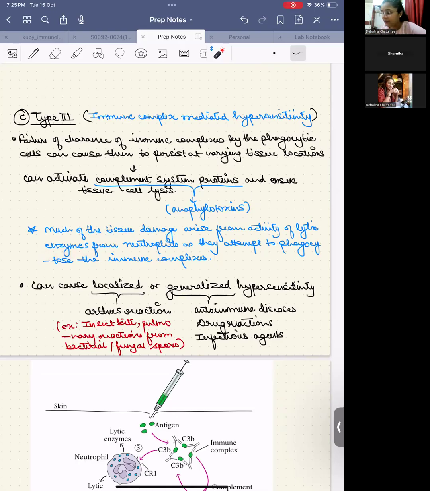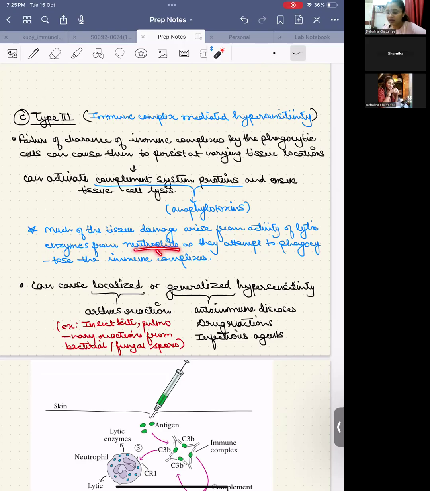Now, interestingly, we do have the toxins that are mediating all the localized immune damage of the tissue. But apart from that, at the site of damage, we also see a lot of neutrophils that have come up. So what do they try to do?